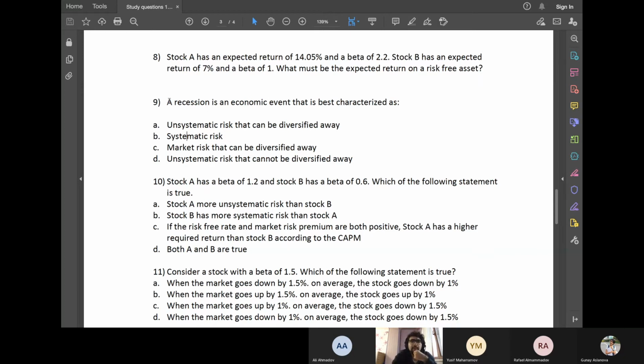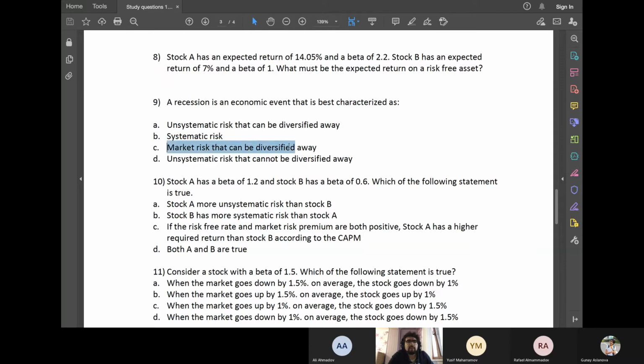So if recession happens in the market, not all the companies will have the same level of risk, because, for example, the beta of company A, let's say, is 0.5. The beta of company B is 1.5. So the beta of company A is less than company B. Therefore, company A will face less recession than company B. B is our correct answer, systematic risk.